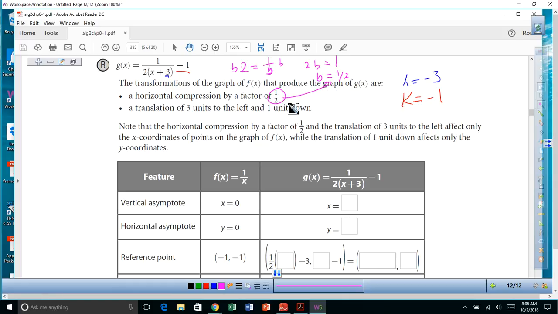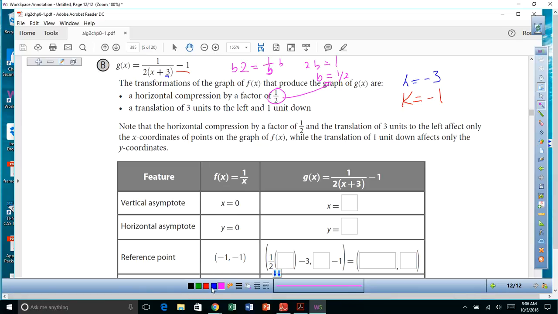Note that the horizontal compression by a factor of 1/2 and the translation of 3 units to the left affect only the x-coordinates of the points on the graph of f of x, while the translation of 1 unit down affects only the y-coordinates. All right, good. So here we got this stuff here. The vertical asymptote was x equals 0.